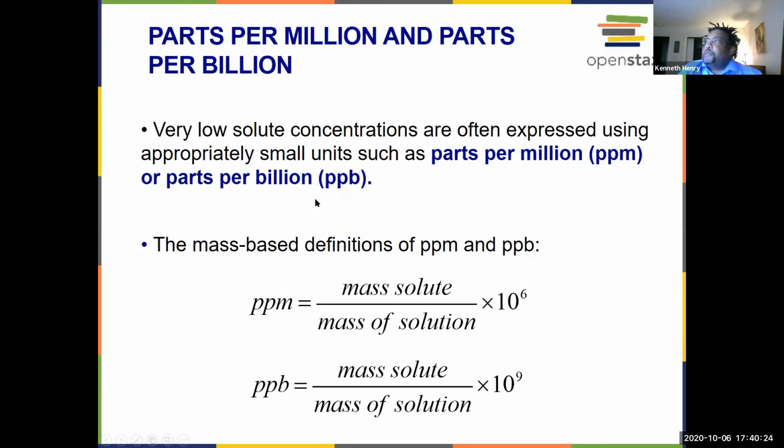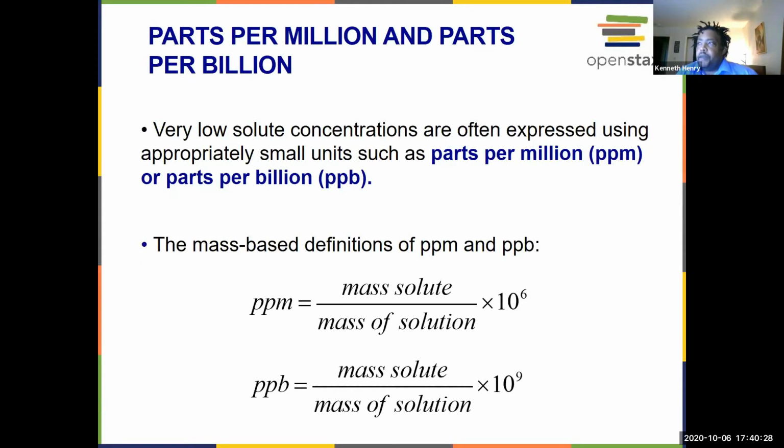Okay, so parts per billion, parts per million. Parts per million and parts per billion are basically used when we have very, very low concentrations. So in the case of parts per million, we multiply by 1,000,000, so that the number doesn't seem as small.